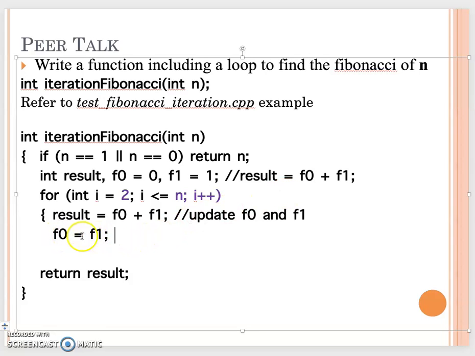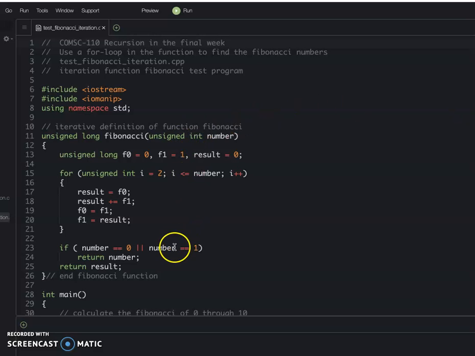The new F1 is the old result. Then we finish our iteration implementation for the Fibonacci number. After the for loop, just return your result, and then your Fibonacci number is finished using the iteration function. I only have 10 seconds left, so that's why your iteration for the Fibonacci will look like this.